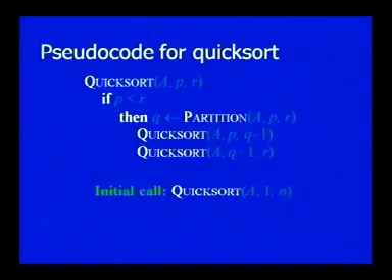Okay. See your main program now. You can easily condense whatever you have seen into a small algorithm now. Quicksort, A comma P comma R. So, your partitioning is coming into picture.